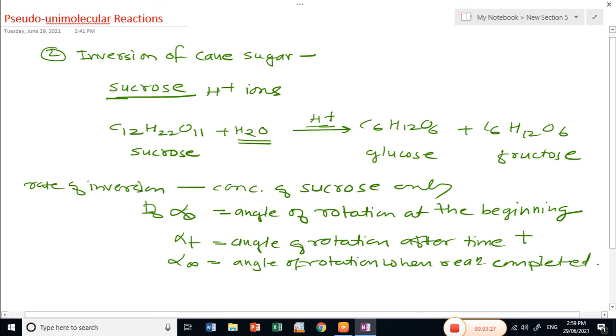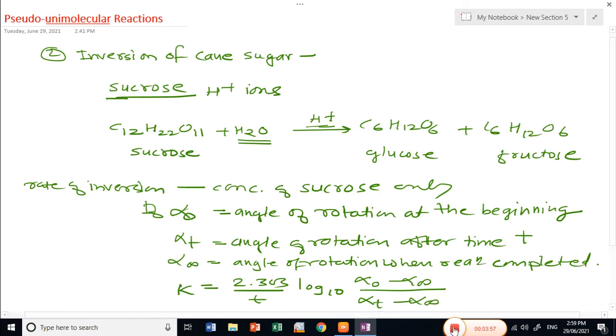Then the velocity constant k is given by k is equal to 2.303 divided by time, log to the base 10, alpha 0 minus alpha infinity divided by alpha t minus alpha infinity. Okay, I hope all of you have understood the types of pseudo-unimolecular reactions.